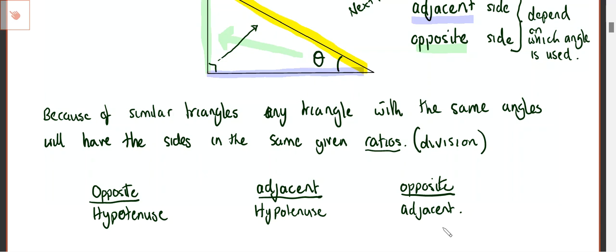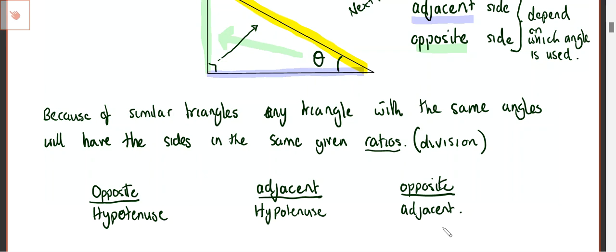What I've just said is if you have triangles that have the same angles, they can be different sizes because they're similar triangles. It can be bigger or smaller, but if the angles are the same, those ratios will be the same, and we can use that information. Now, do you remember what those ratios are called?